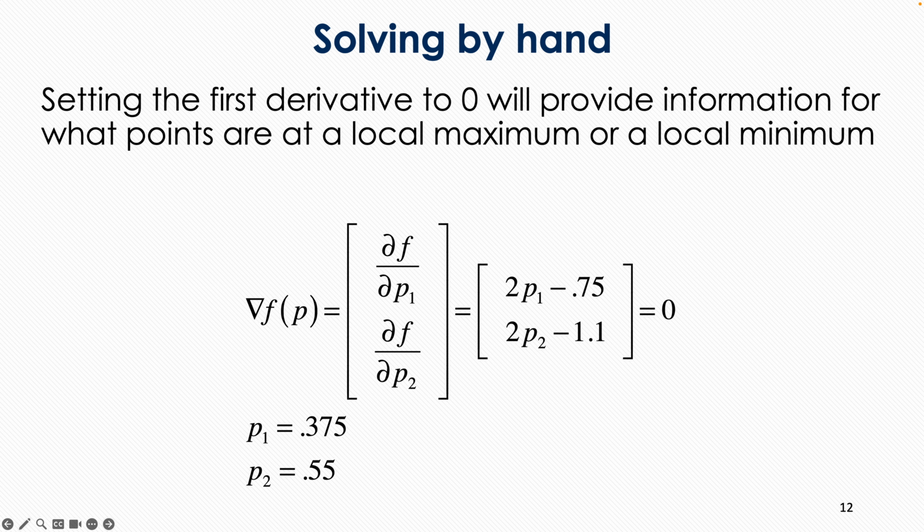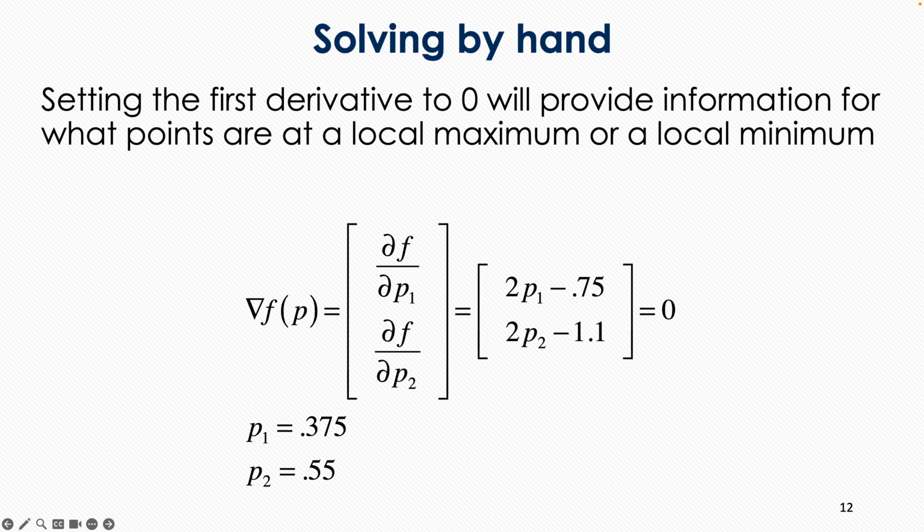So if I take the first derivative and set it equal to 0, that tells me what points are at my local maximum or local minimum. So in this particular case, if I do the derivative of my objective function with respect to P1, and then the derivative with respect to P2, I'll end up with 2 times P1 minus 0.75, right?